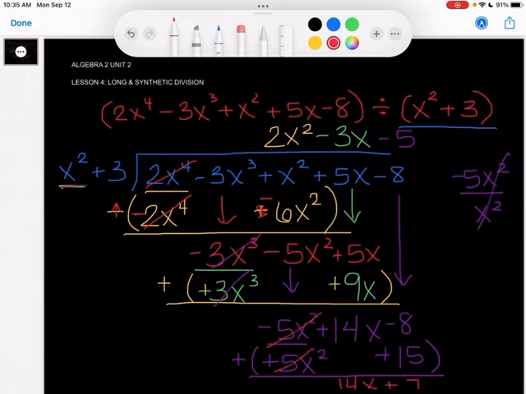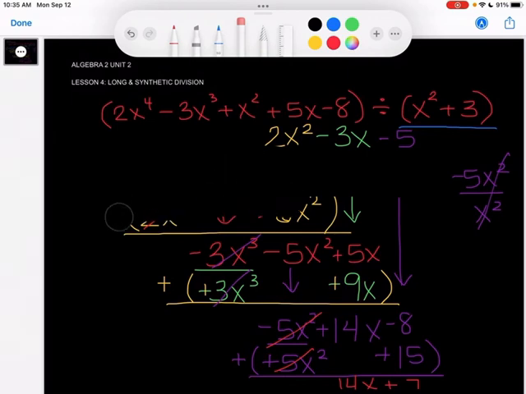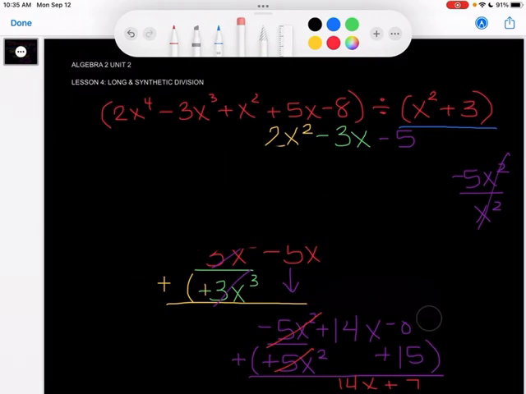Now, once you get to the very last term, the constant, which we did, we don't go any further. We just need to write our answer out. So now, to write our answer out, I'm going to erase this. My answer is on top, that 2x squared minus 3x minus 5, and we need our remainder, which is this 14x plus 7 down here.